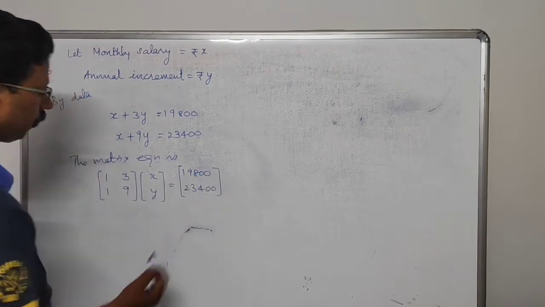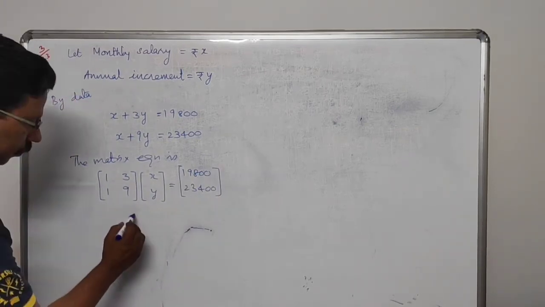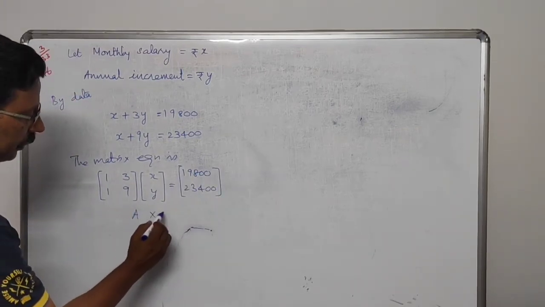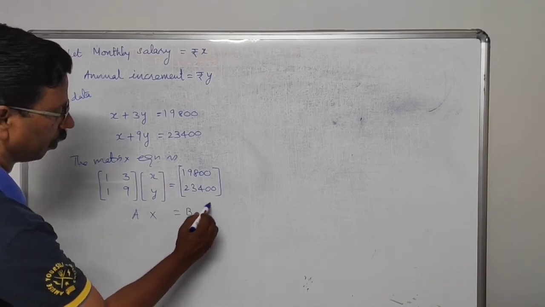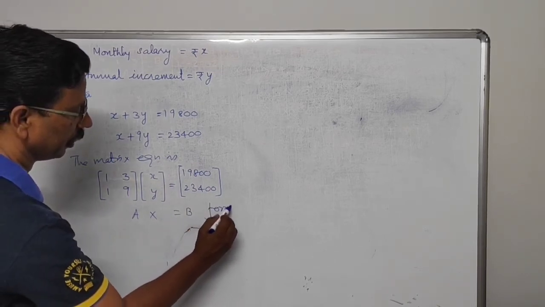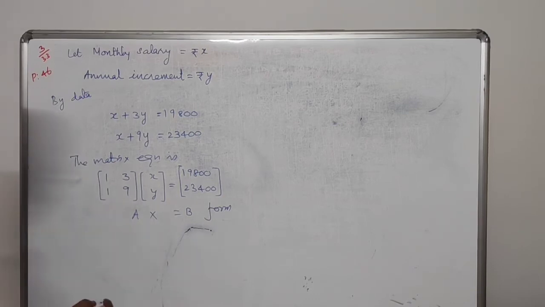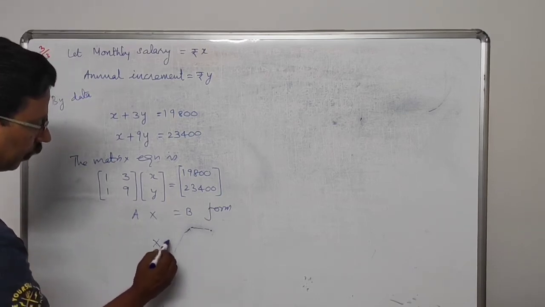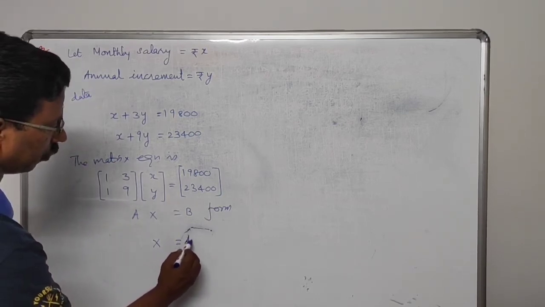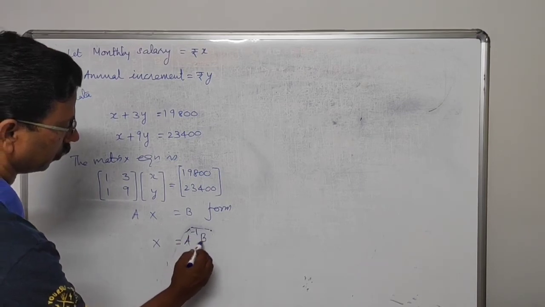Now this is of the form AX equal to B. From this, X equal to A inverse B. X equal to A inverse B.